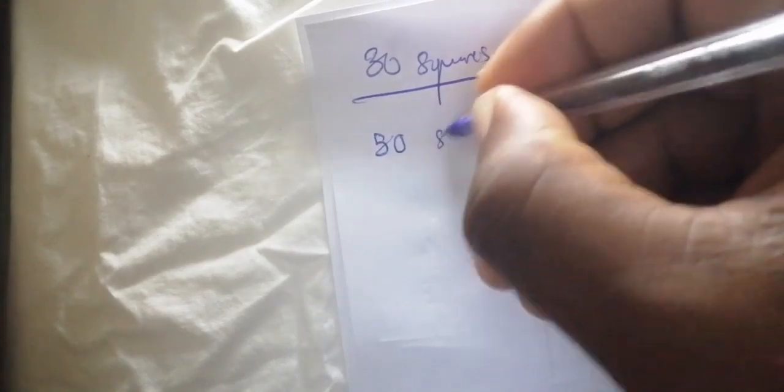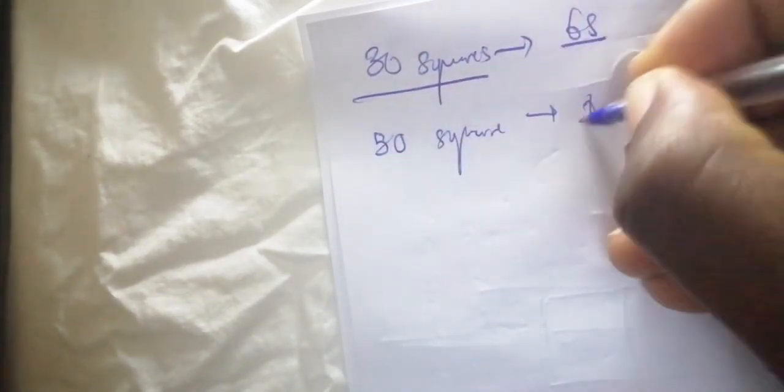Now, the next element of ECG interpretation that you have to visualize is that 30 big squares correspond to 6 seconds. Is it clear? 6 seconds, while 50 big squares correspond to 10 seconds.